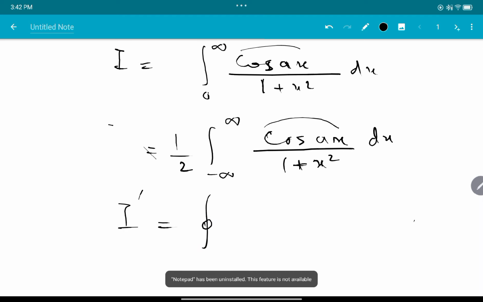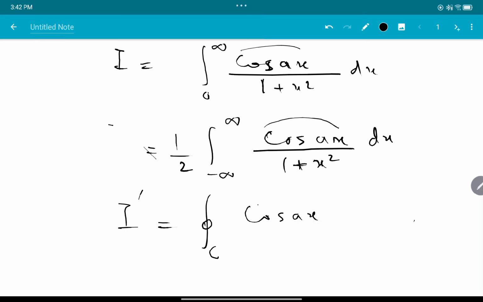This means that it is a line integral evaluated along a suitable closed curve or contour. I dash is equal to the integral of e raised to i a z divided by 1 plus z square dz. This is the situation. Now, as you know, we need a suitable closed curve or contour.